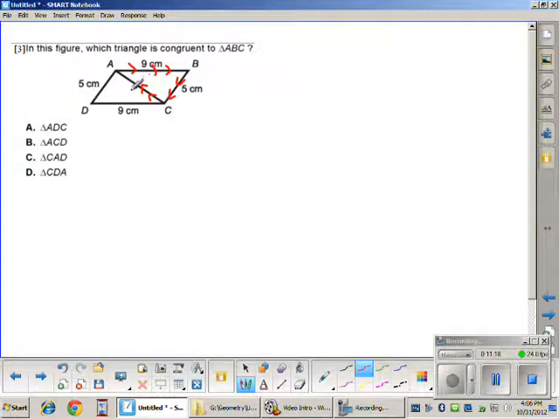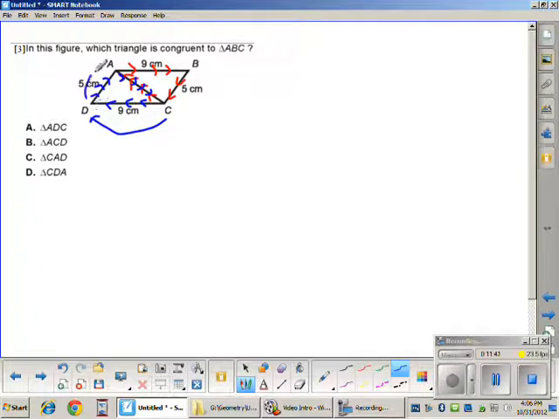So A, 9 centimeters over to B, down 5 centimeters. So we're going to do the same thing here. We're going to travel the 9 centimeter path, turn, go on the 5 centimeter path, and then travel back down to C. Okay, so we're going from C to D to A back to C. So CDA, there it is, CDA. That's going to be my answer for part 3.